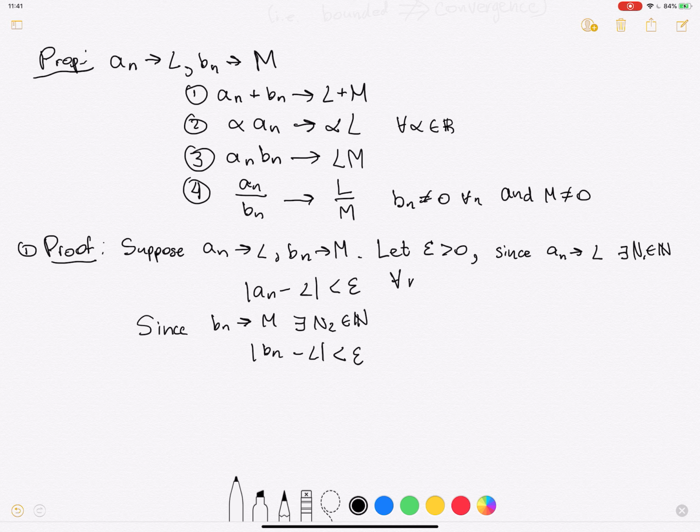So that's for all n greater than or equal to N_1 for a, and for all n greater than or equal to N_2 for b.